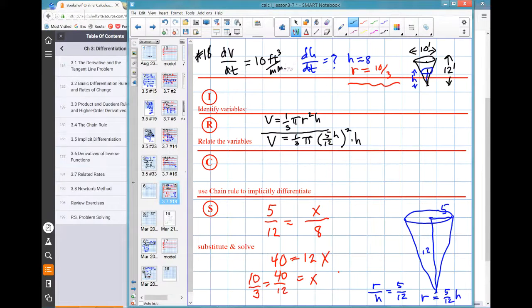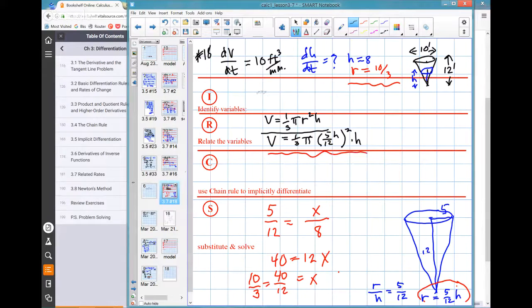So what I've got to do is take this relationship we figured out on the bottom, r equals 5/12h. I need to use that to rewrite this problem so I don't have an r and it's all in h's. So I substituted 5/12h for r. You see how I did that right here?